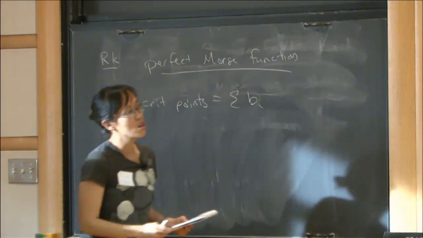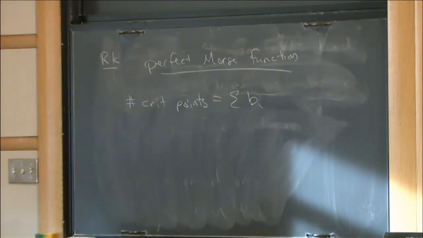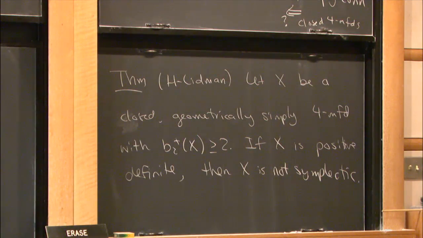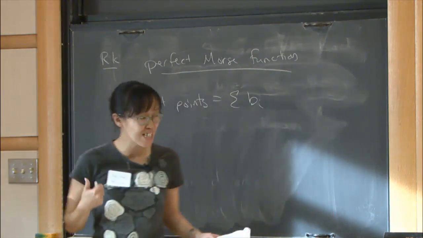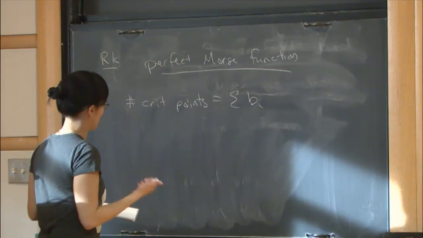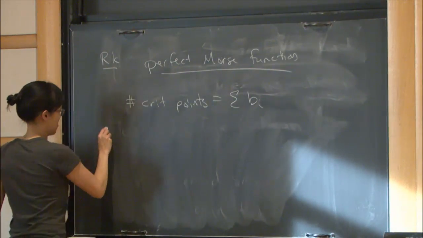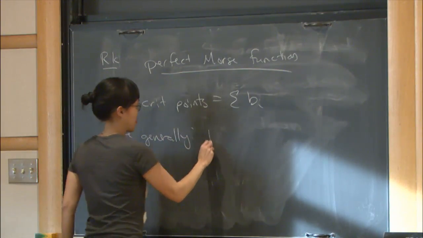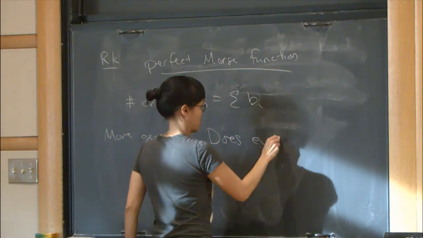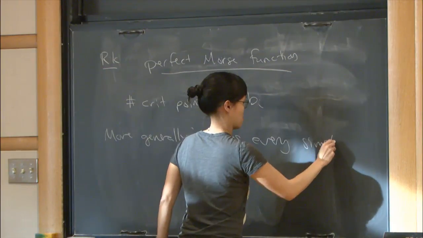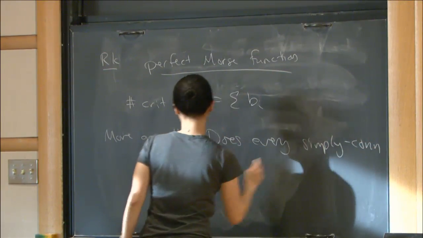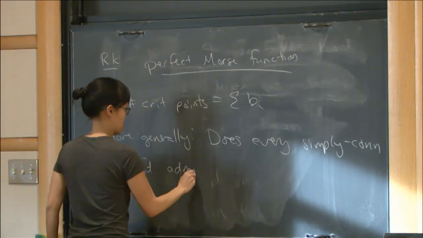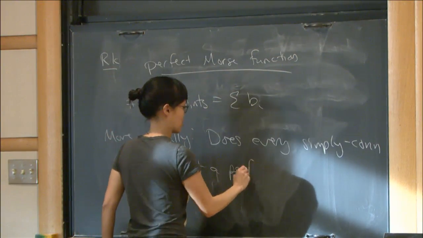And so there's a more general question than that backwards arrow there. You might wonder if every simply connected four-manifold admits a perfect Morse function. So more generally, you might ask, does every simply connected four-manifold admit a perfect Morse function?